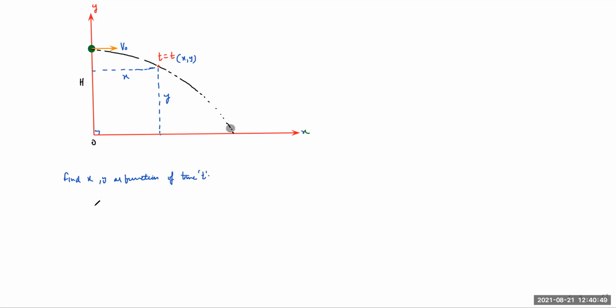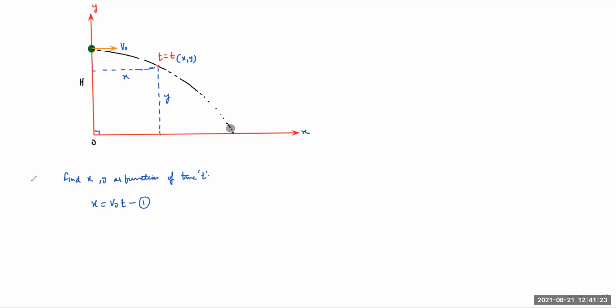Okay, so x is how much? v naught into t. Yes. So you just apply the formula s equals ut plus half at square, because you're looking for the x displacement and time relation. So use the displacement formula and just substitute. What about the y, by the way? Sir, square root of 2y by g equals t.